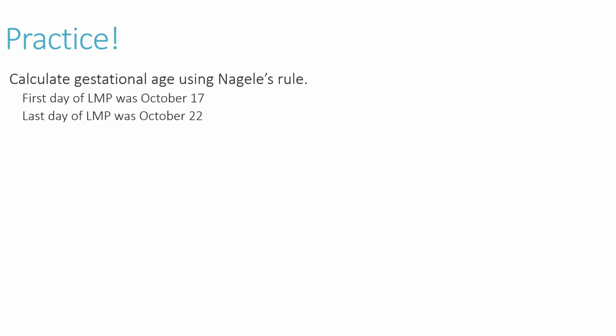We're always going to use the first day of our last menstrual period, and we're going to add 7. So it's going to be 24. But then let's subtract 3 months. I believe that's July, I think. So yeah, that'll be the expected due date for our baby. All right, moving forward.